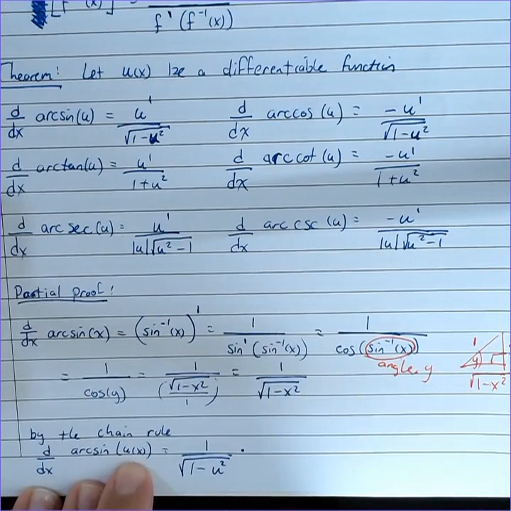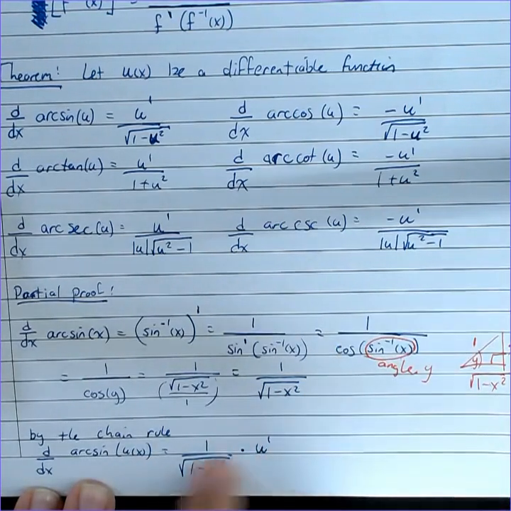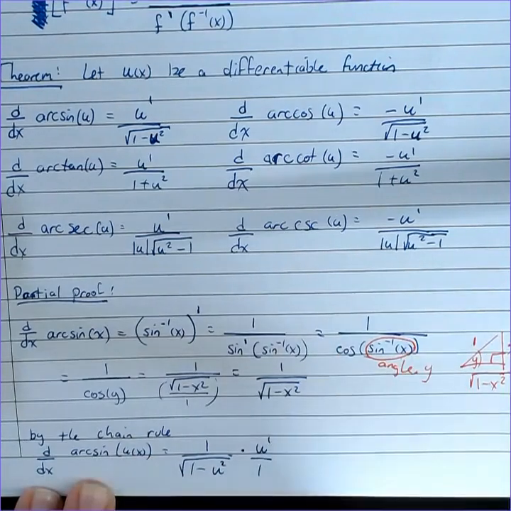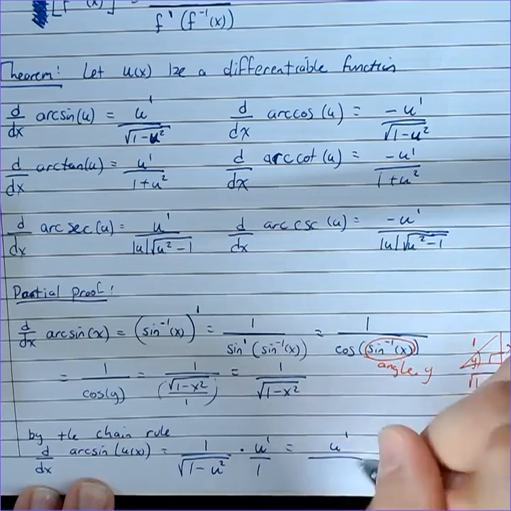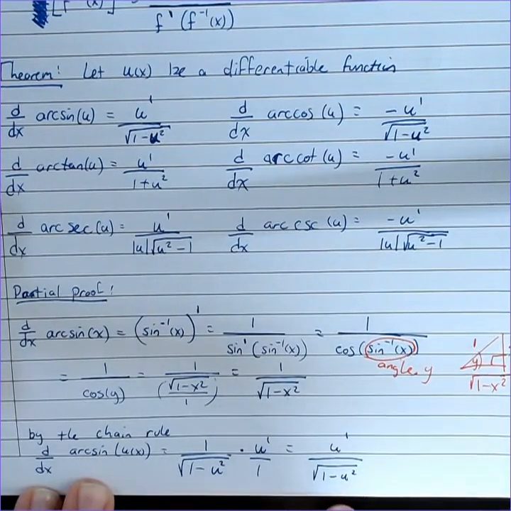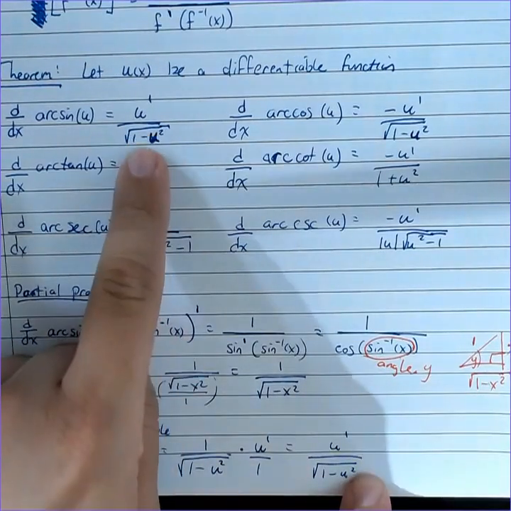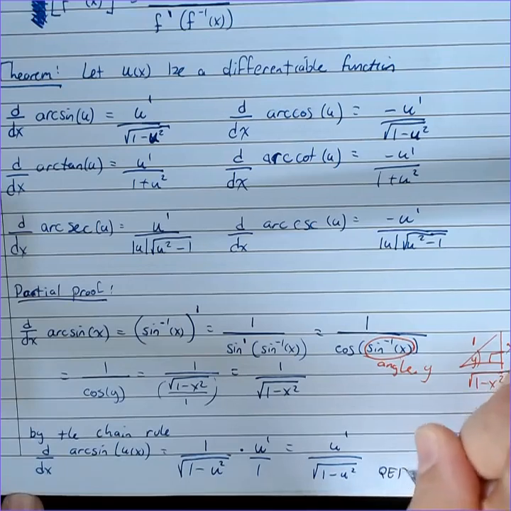Well, we don't know what the function is. It's just called u. So then the derivative of u, we'll just call that u prime. Since these are being multiplied, u prime is like saying u prime over 1. So I can merge those together to give me u prime over the square root of 1 minus u squared. And that's what we were trying to prove. So this is the same as that. So that's the proof for that first one.